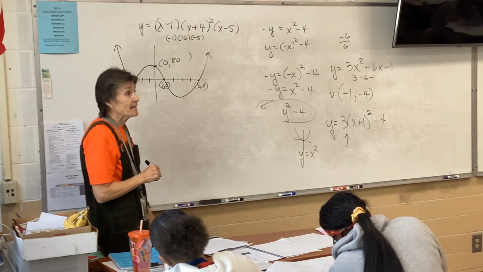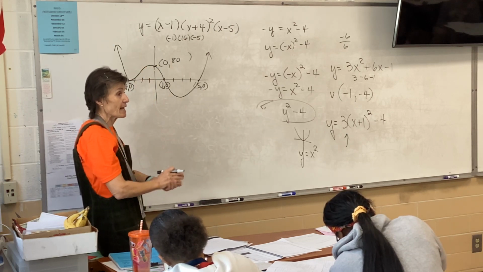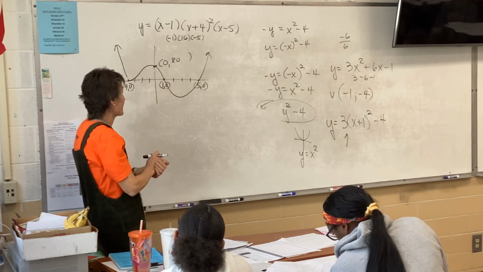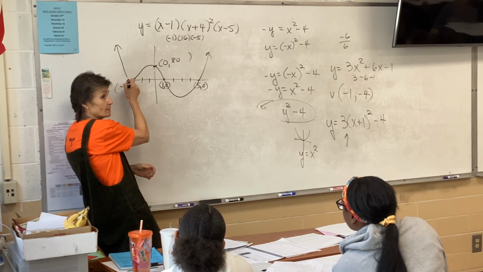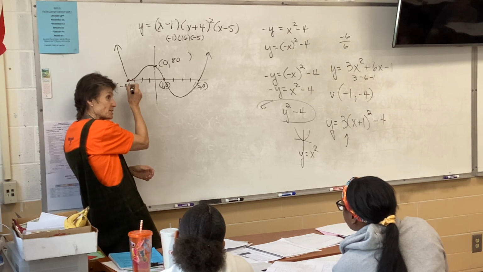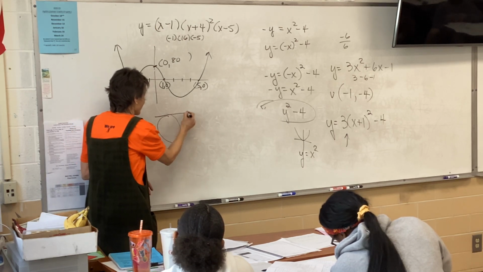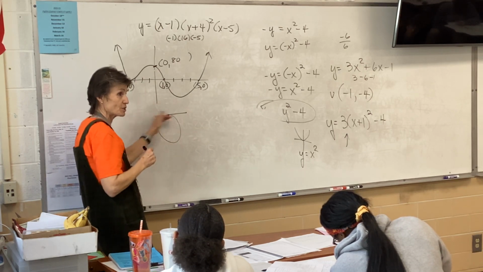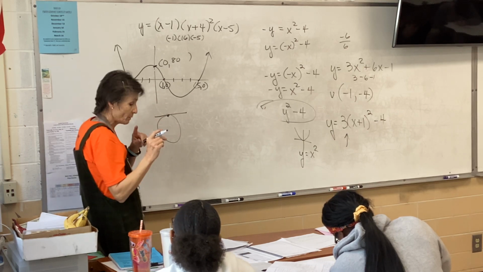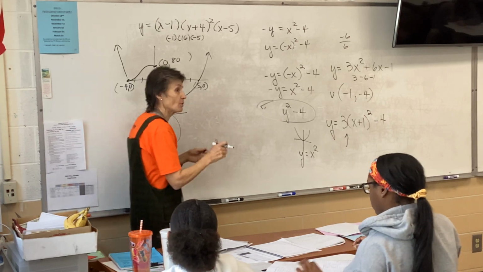Where is the graph tangent to the x-axis? Where does it just touch the x-axis? -4, 0. Yep, that's your point of tangency. Remember a tangent in geometry, we talked about them with circles, that was a tangent. Just hit, they whip away, and the sketch is done. So yep, there you go.